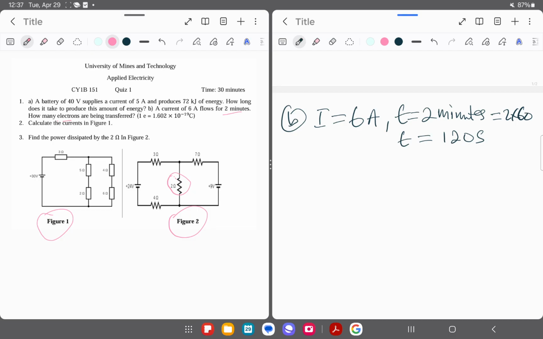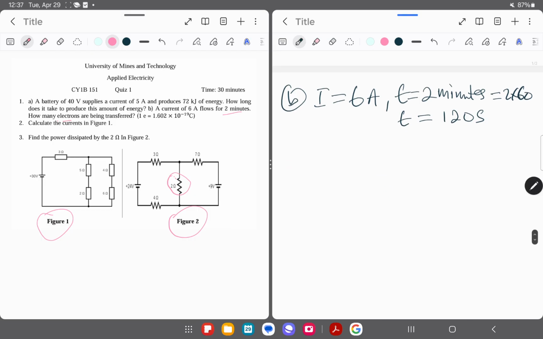Now you have to find how many electrons are being transferred. So to find this, first we have to try and get the charge, right? How much charge, or magnitude of charge, is going to be produced as a result of the flow of current, because we know current is what? The flow of charges. So the formula is going to be what? Charge over time, right? So from this we make charge the subject, so we get current times time.